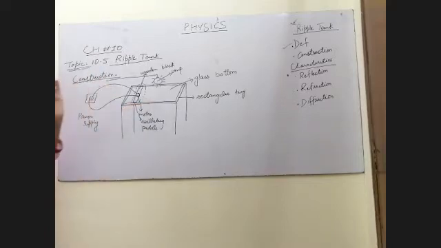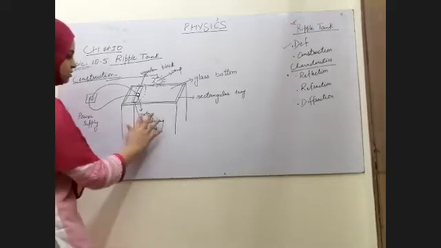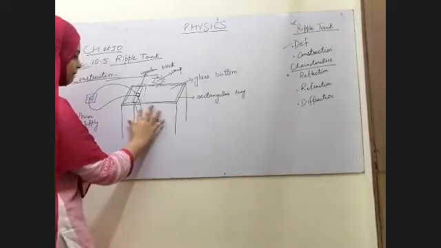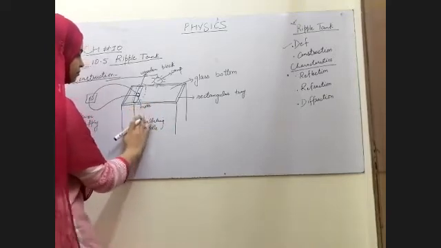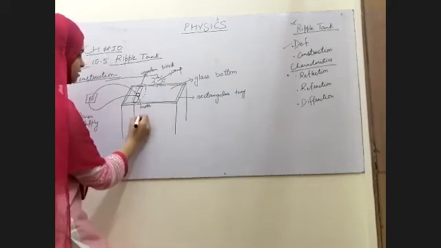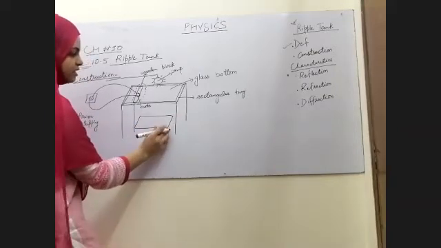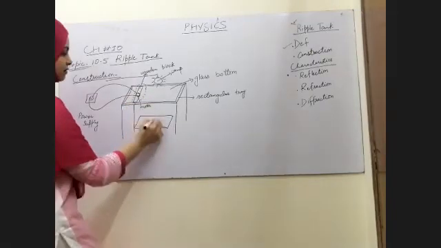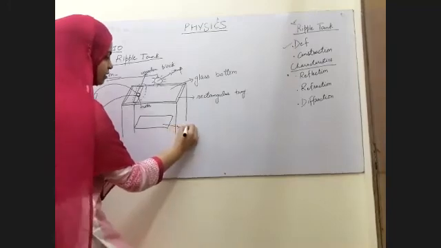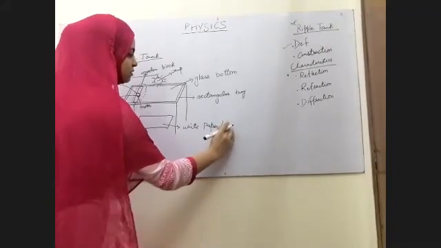And we have a paper, or you can say a white screen, a white cardboard placed underneath the table. This is the white paper, or the white screen.